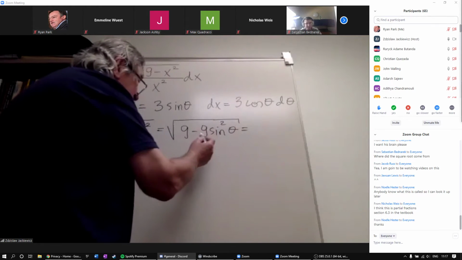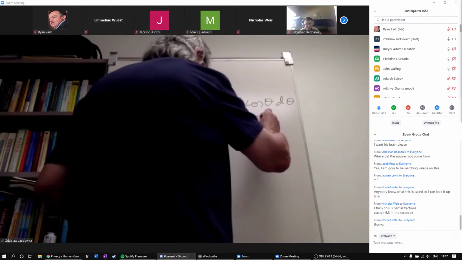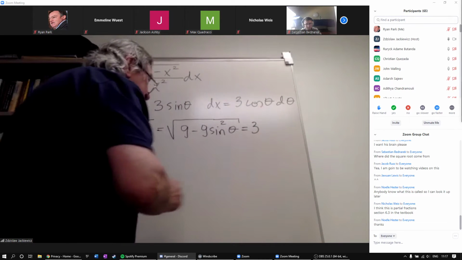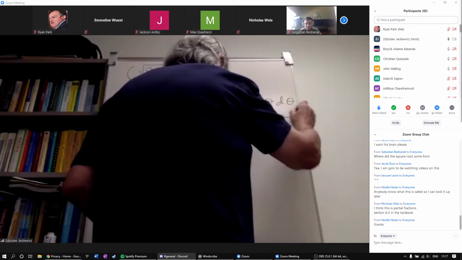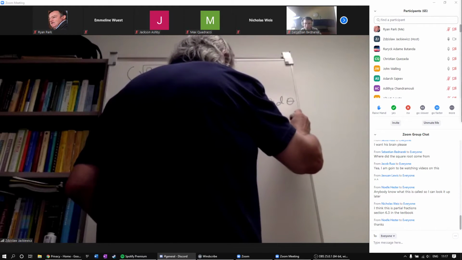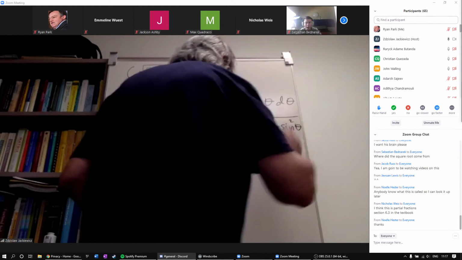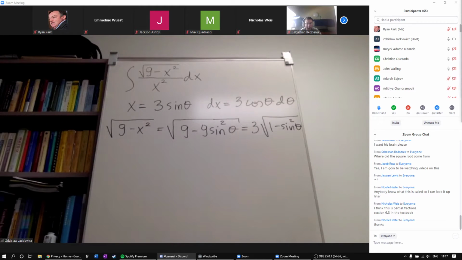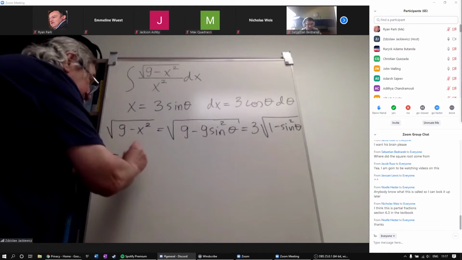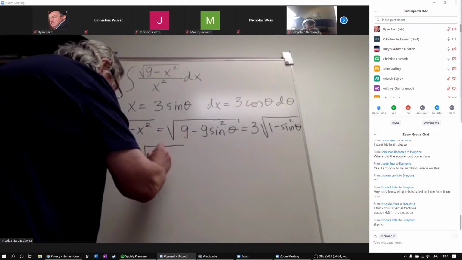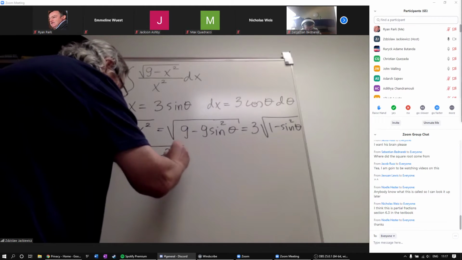Well, you factor 9 out, so it will be 3 times the square root of 1 minus sine squared theta. Of course, 1 minus sine squared theta is cosine squared theta. So that's equal to 3 times the square root of cosine squared theta.